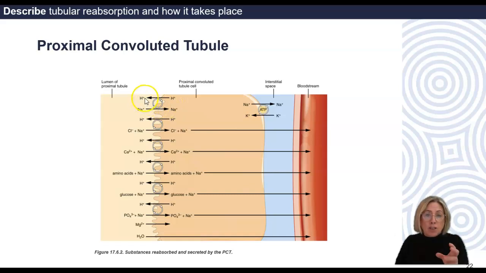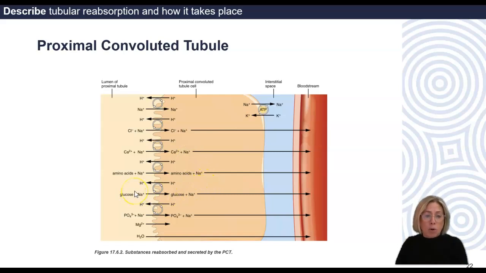Now, this is so cool because you can see with this that this movement of sodium from the filtrate into the cells is coupled with the transport of lots of other things, right? So you can see here, what's an important one for us to know about, that the movement of sodium here is coupled to the movement of glucose from the filtrate back into the proximal convoluted tubule cells.